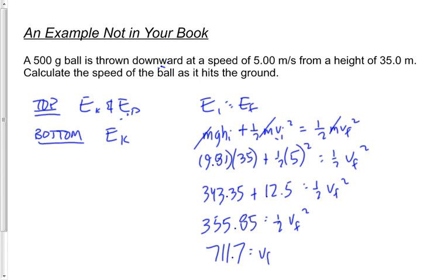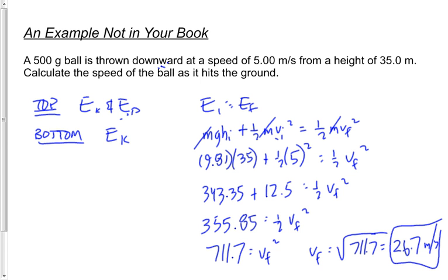And then, of course, you're going to square root that, right? 26.7, was it? And that should be 3 digits, right? 26.7 meters per second. You could have solved this using v_f squared equals v_i squared plus 2ad, right?